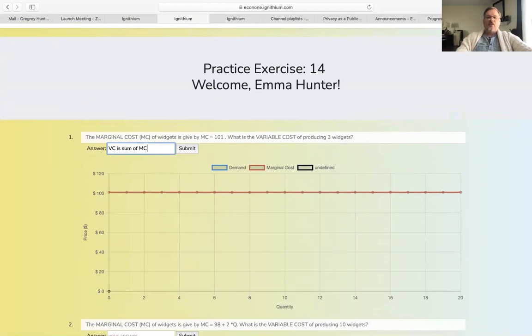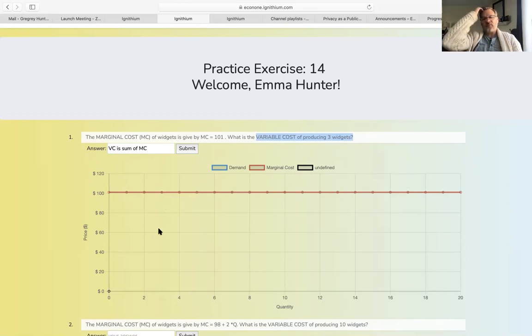So when it says, what's the variable cost of producing 3 widgets, the marginal cost here is constant, so it's pretty easy. But the variable cost is just going to correspond to the sum of the cost of each of the individual units, which is what the marginal cost is.